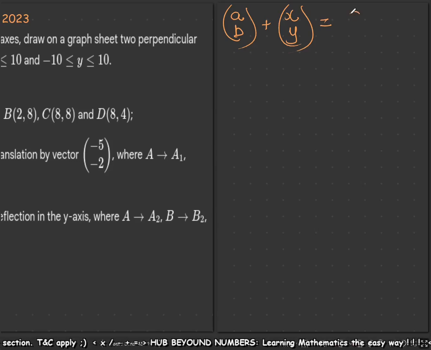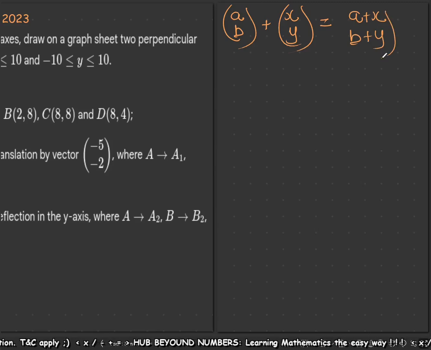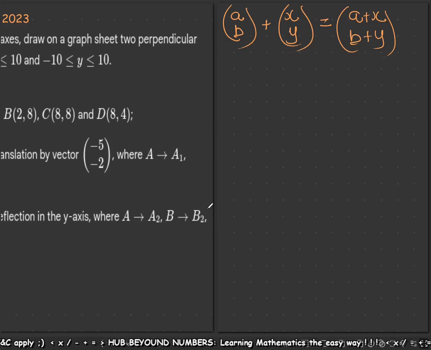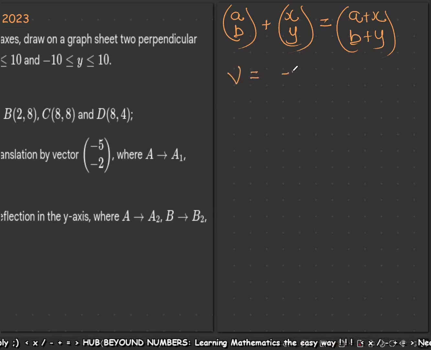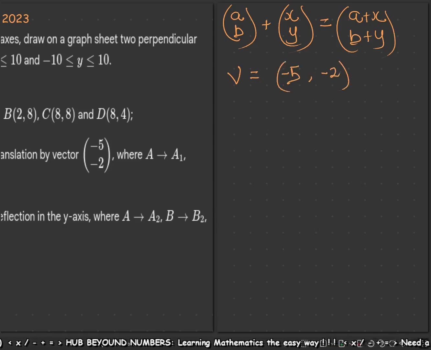That is, we add a to x and b to y. The x component adds to the x component, and the y component does the same. Hence, for what we have here, our translation vector V was given as (-5, -2). We are going to apply it to each and every point.